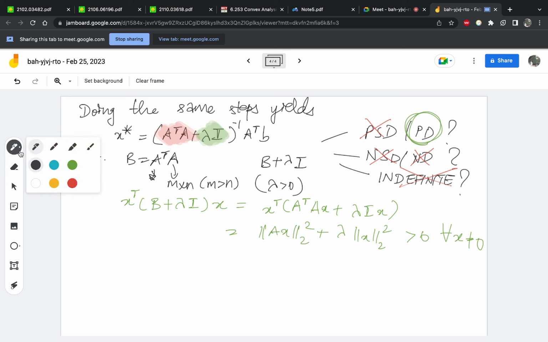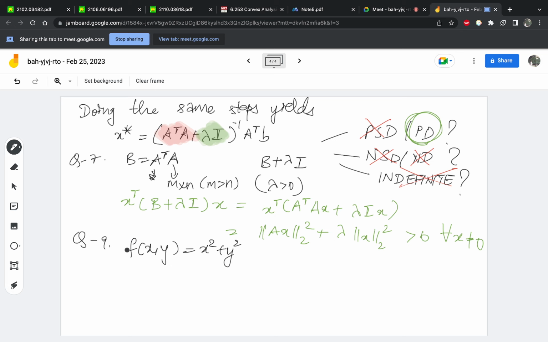So let's move on to question 9. They have given a quadratic function in two variables, x squared plus y squared. Take f(x, y) equals 1, which means the unit circle.